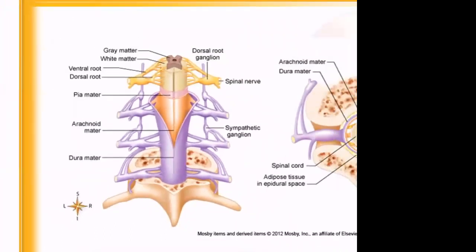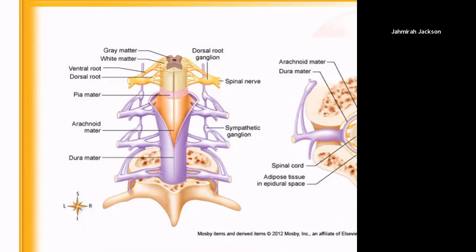I want to point something else out to you while we're here. Back in probably week 1 or week 2, we were talking about directional terms and planes of the body. We said that things that are more towards the front are anterior, things that are more towards the back are posterior.